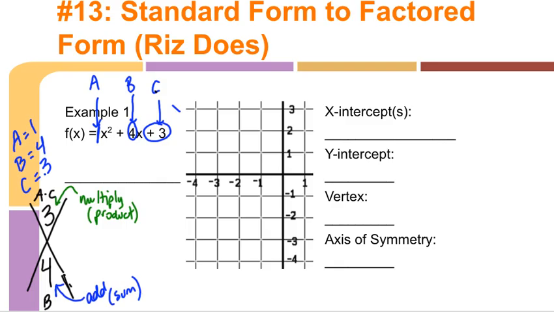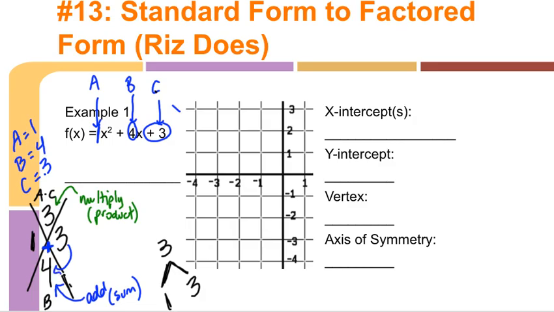of 3. So the way that I'm going to think about this is I'm going to take the number 3, I'm going to think about numbers that can multiply to get to 3. The only ones that I can think of that are whole numbers are 1 times 3. So what I want to check here is if these two numbers will add to 4. So 1 plus 3, does that give me 4? Yep, that checks out.